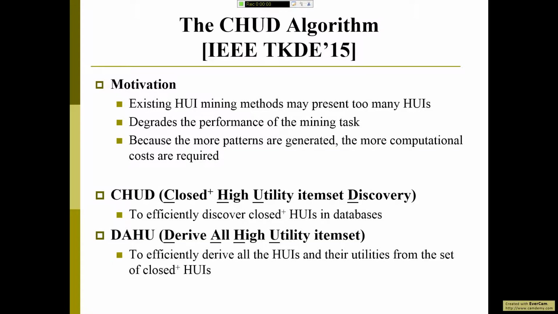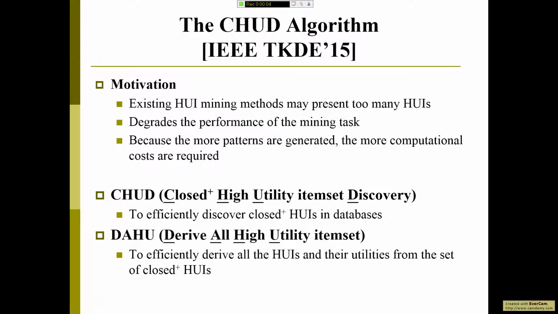The CHUD algorithm was published in TKDE 2015. The motivation is that existing HUI mining methods may present too many HUIs, which degrades the performance of the mining task, because when more patterns are generated, the computational cost increases.